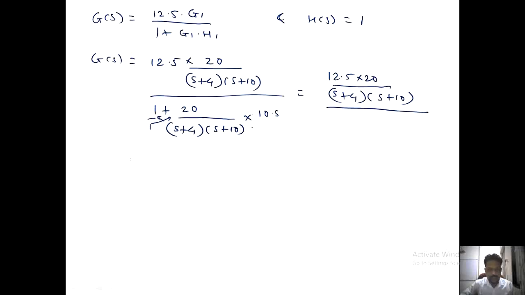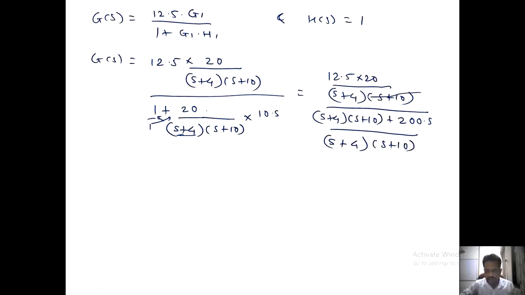So s plus 4, s plus 10, plus 1 into 20 into 10s, so 200s by s plus 4. The denominator will be s plus 4, s plus 10.